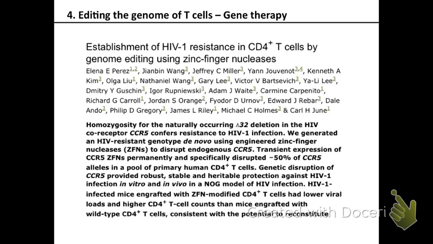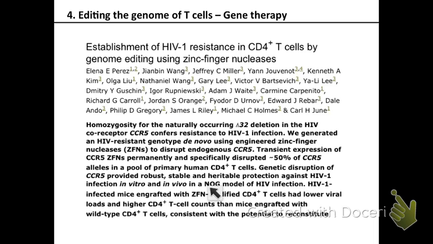So they asked, can we make these resistant CD4 T cells in vitro and then inject it into the mouse and see if the mouse now becomes HIV resistant, right? And so what they did is they used the zinc finger nucleases to make this precise deletion, and then after they made this precise deletion, they put it into a model.